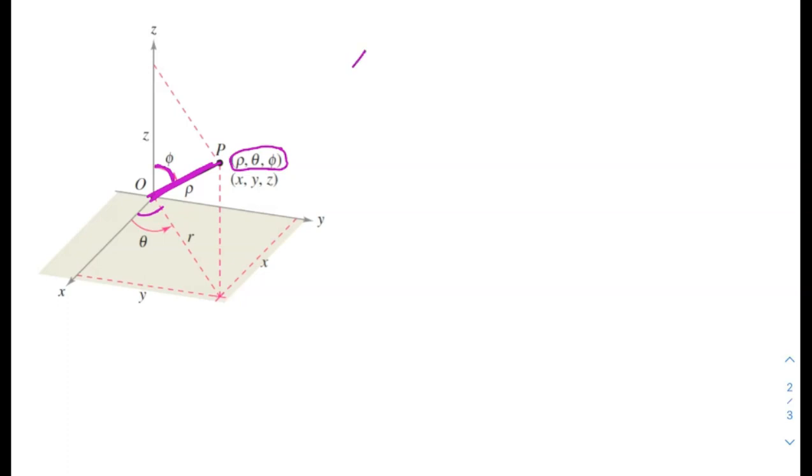And again, we want to find x, y, and z as functions of rho, theta, and phi. So we'll start with z because it's the easiest, but it's also a nice stepping stone to finding x and y. So z is this right here, and we have a right triangle there. Therefore, we can just write that z is rho times cosine phi.